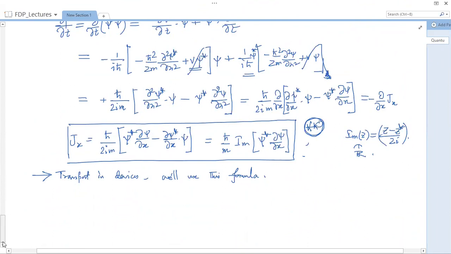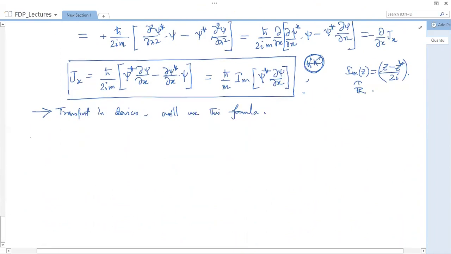So this is called the stationary states. I have abbreviated the notation.